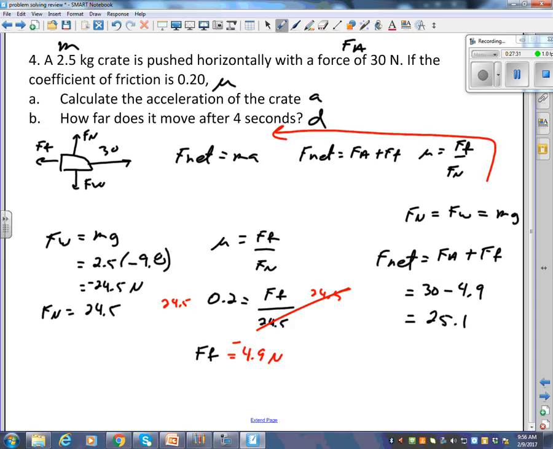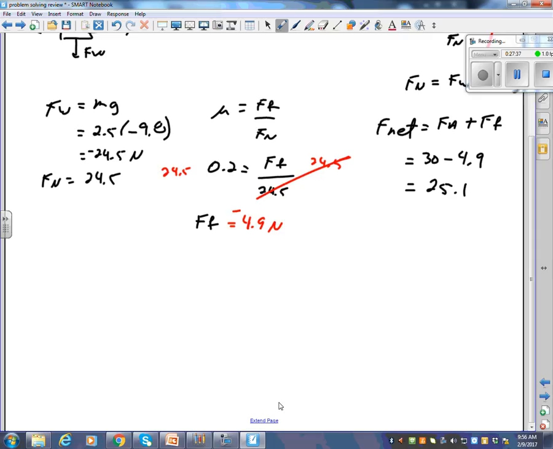And now that I got that, follow the roadmap. Next thing to do is go to F net equals ma, and I think I'm going to be done. Divide both sides by 2.5. You're going to get pretty much 10.